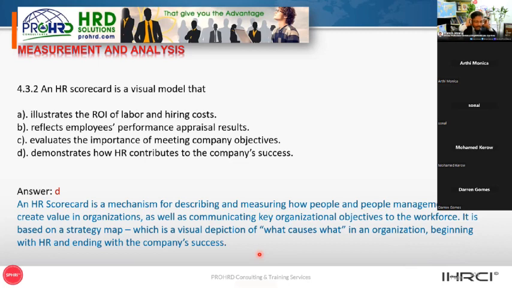We have seen in the strategy map, I explained the missing links. It is based on the strategy map, which is a visual depiction of what causes what. We have seen one example in the strategy map: the product specification, on-time, timely delivery is missing. As a consequence of this, what's happening?